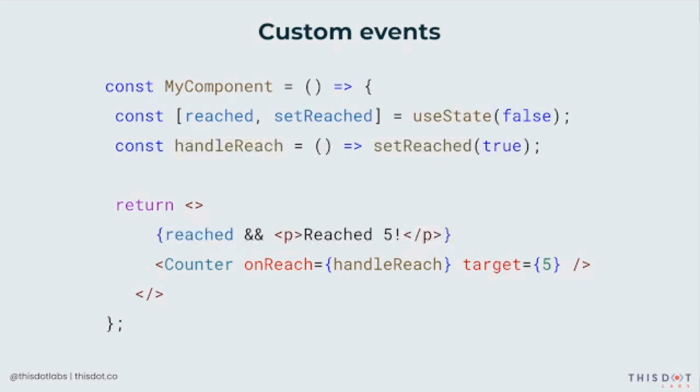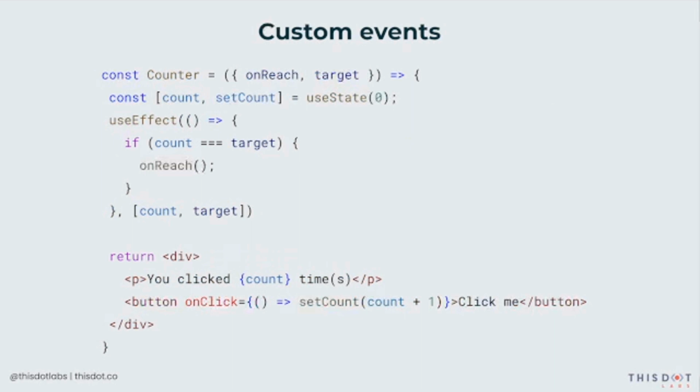And the other part of the return value is our usage of our counter component, which we had on the previous slide, which will pass on our handle reach method and our target of 5. So if we have a look again at the counter component itself, we have an event handler onReach and we have target 5. We start out with the state of 0. So when I first click the button, it will update the count value to 1.